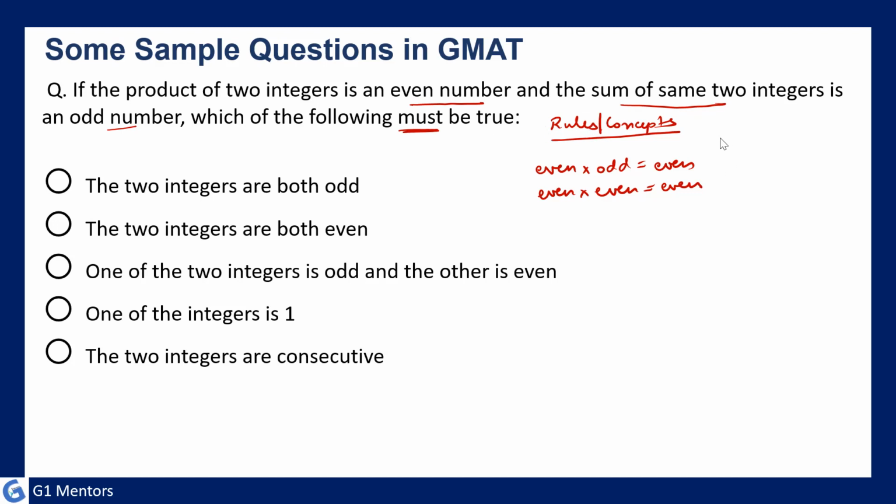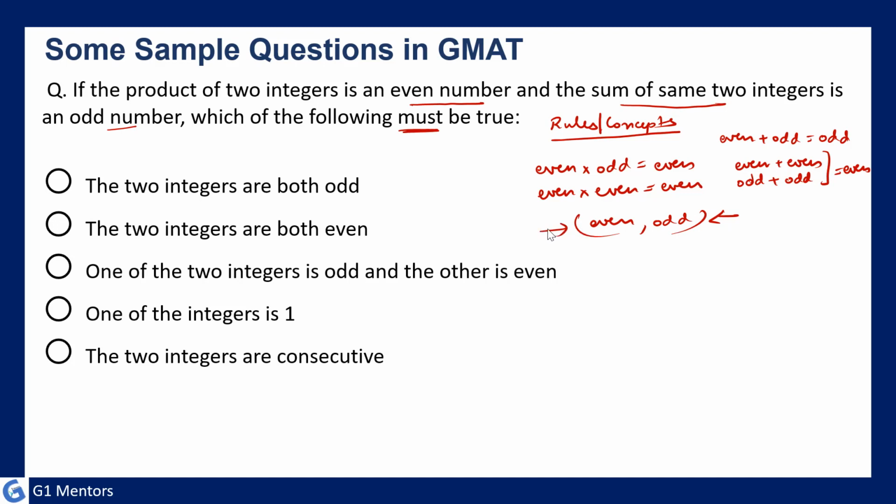So we know in the sum properties that even plus odd is only odd, whereas even plus even or odd plus odd, in both cases it is even. So from the concepts we know that one of the numbers is even and one of the numbers is odd. Okay, so this output we have achieved.